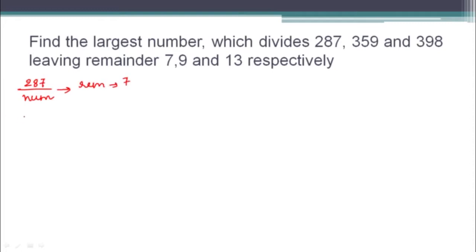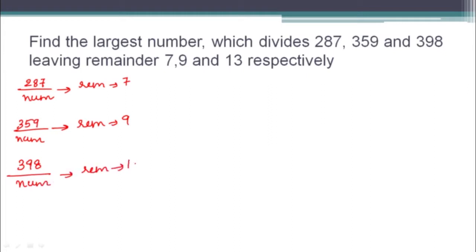Similarly, when I am dividing 359 by that number, I don't know what the number is, so I am just writing NUM there. That means some number, be it 2, 3, 4, 5, whatever it is. When I divide 359 by that number, I get remainder 9. When I divide 398 by that number, I am getting the remainder 13. I have to find out what is that number.